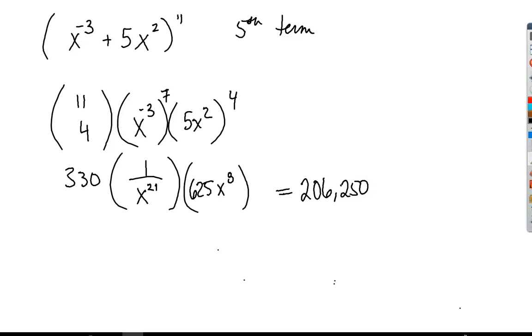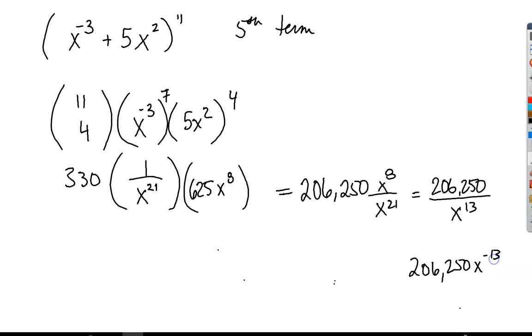That's out front, but then I have an x to the 8th over an x to the 21. Yes, you should reduce that, right? Remember, that's just subtraction. So I have 206,250 over, and then we're just taking 21 away from 8, x to the 13, or suppose you could say 206,250 x to the negative 13th, but I prefer positive exponents, so I would do it like that.